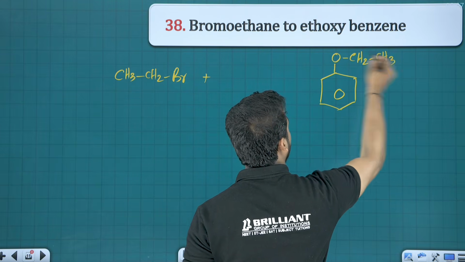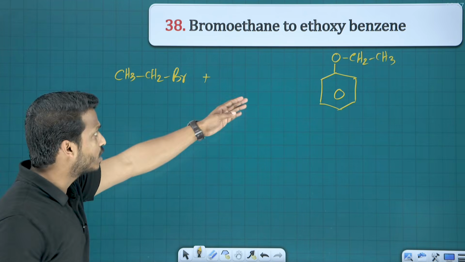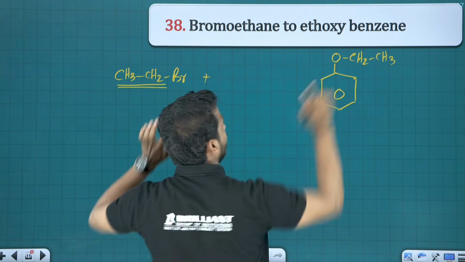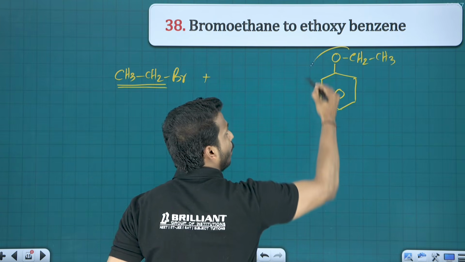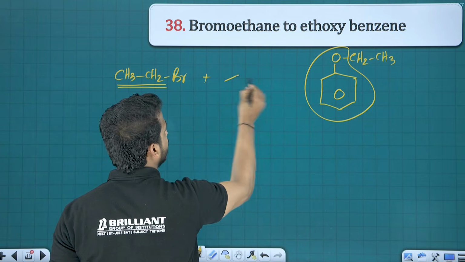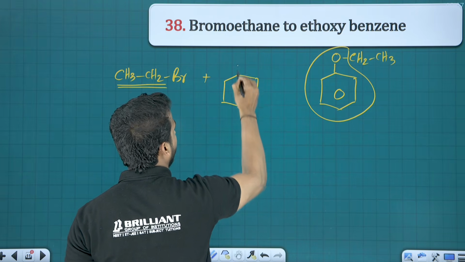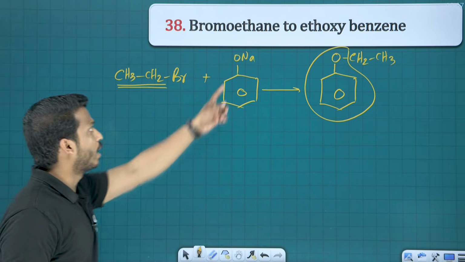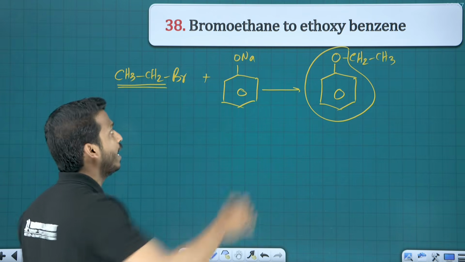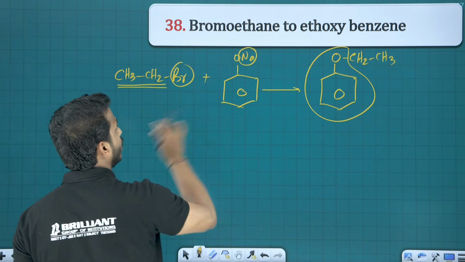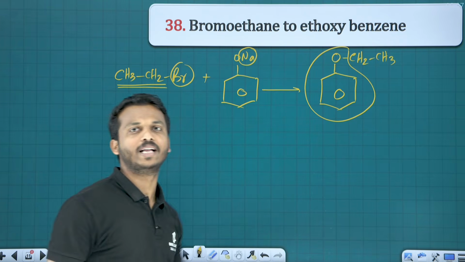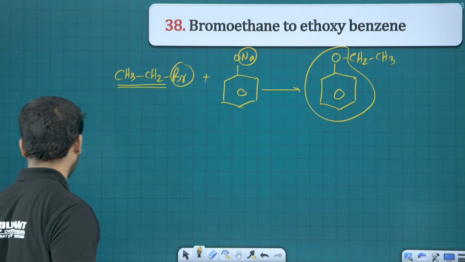This is what we call ethoxybenzene. The rest of the part comes from sodium phenoxide, ONa, and use dry ether. What is this compound called? Sodium phenoxide. So the NaBr is cut, and you will get phenoxide and the ethyl group. That is called ethoxybenzene. Again, Williamson ether synthesis.